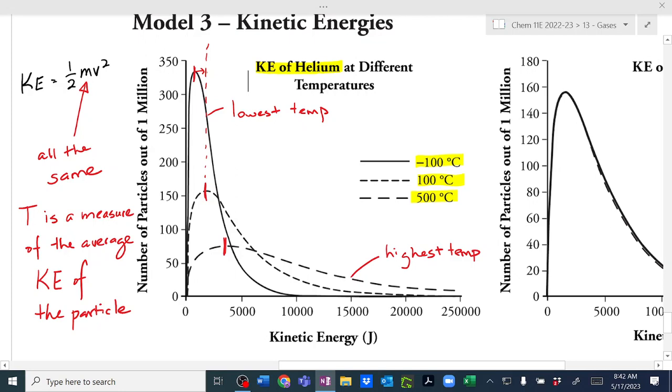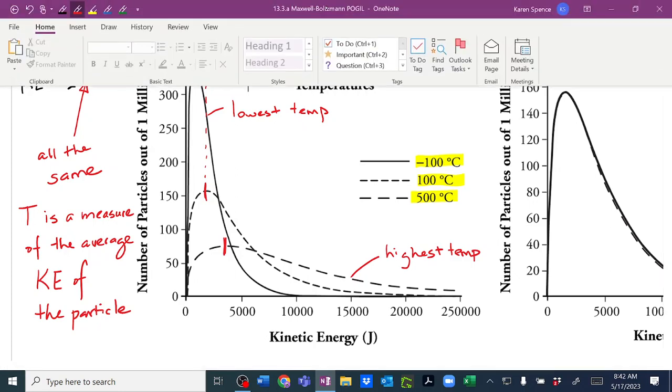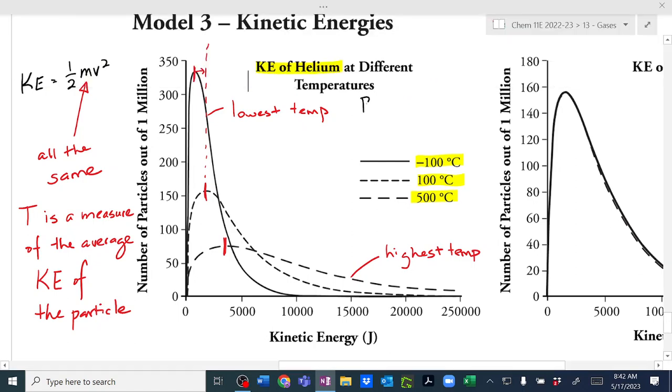It's moving to the right, okay? So the peak moves to the right as the temperature increases, which should make sense because as temperature increases, the average kinetic energy increases.